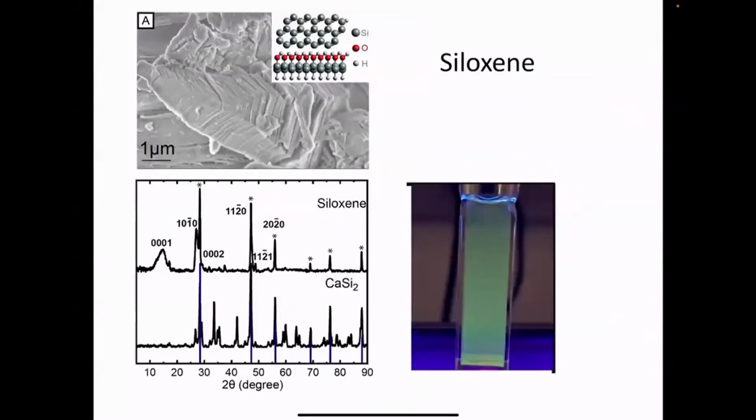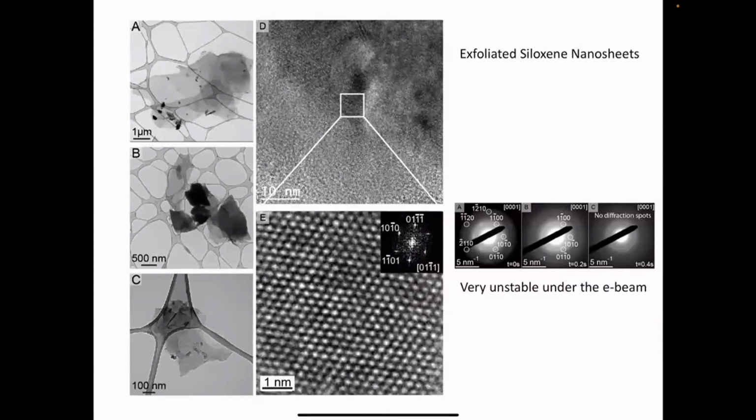Bulk siloxane is photoluminescent. It emits green light, and these nanosheets that we make emit blue light. An interesting thing about the siloxane sheets is that they're very unstable under the electron beam, so it's difficult. I think this is the only image I know with essentially atomic resolution of siloxane, and it was extremely difficult to get this image.